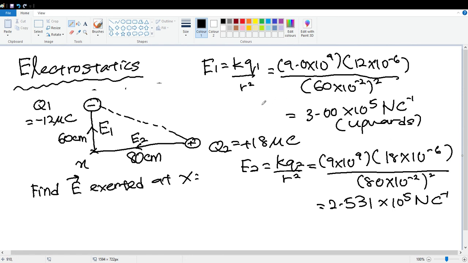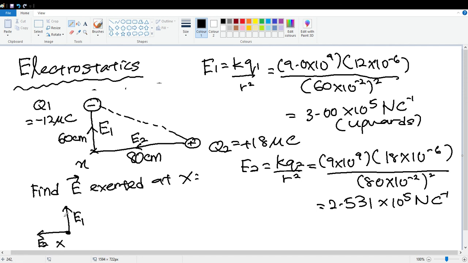Okay, so we have done both E1 and E2. What we need to do is find the resultant field. Based on this diagram, this is my point X. This shall be my E2, and this shall be my E1.